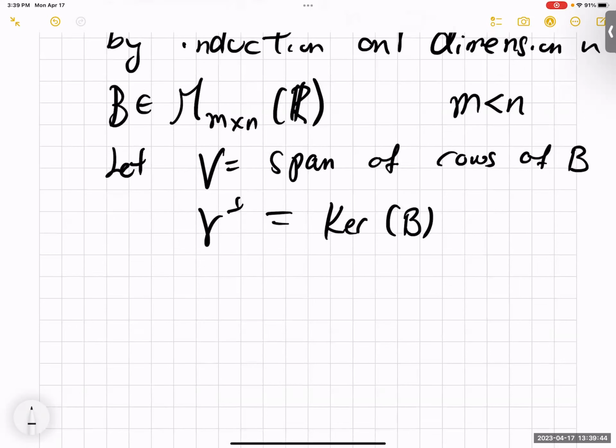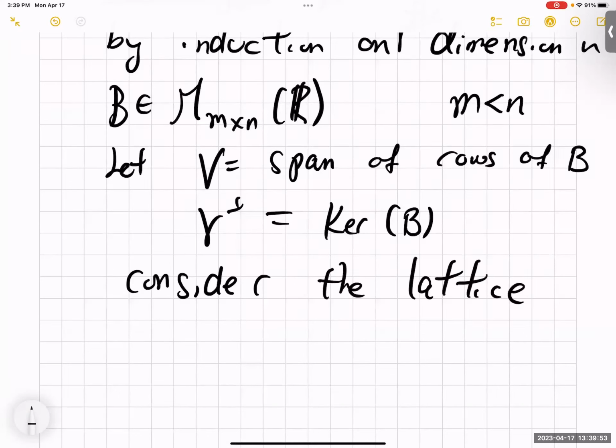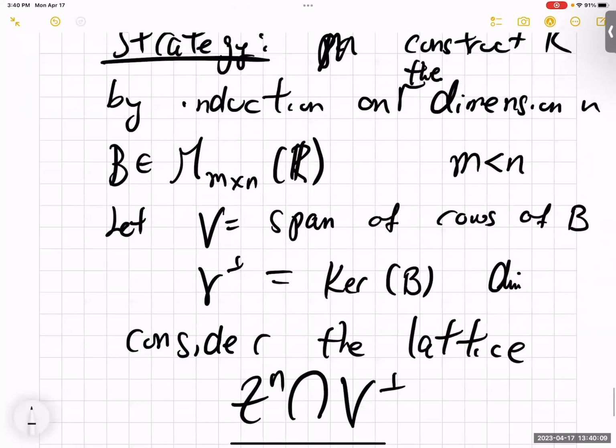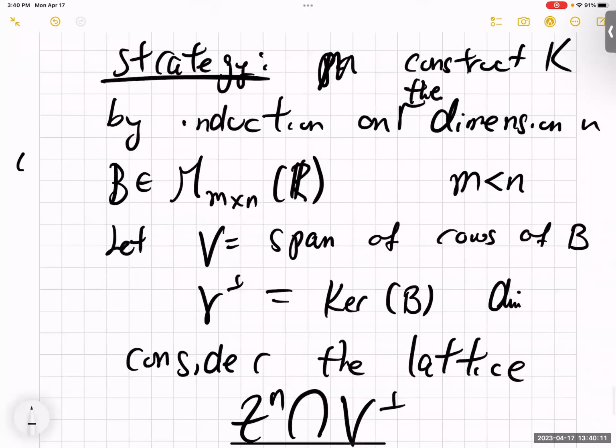And let's consider the lattice, the sublattice, Z^n intersected with V perp. I should have said, suppose also that B has rank m.